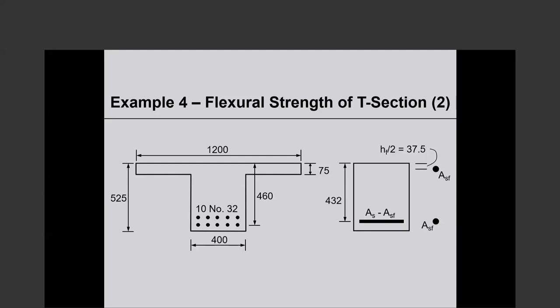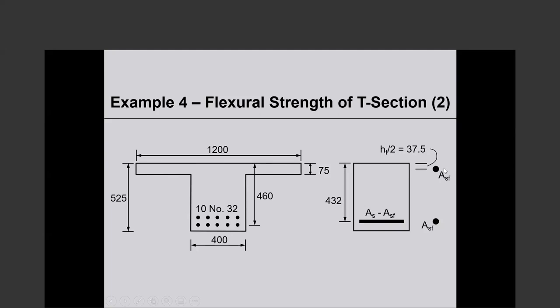If the tension is high, the compression will need to be high, and that would mean the neutral axis will have to come down. We will need a deeper compression block. So we are certain that the stress block depth with that much tension reinforcement will be more than 75 millimeters. Now, when that happens, this is how we deal with the situation.